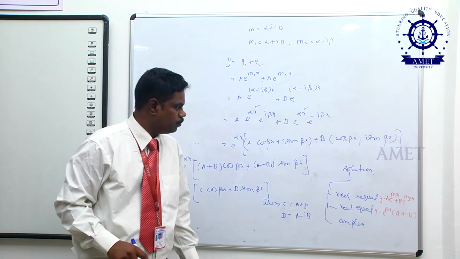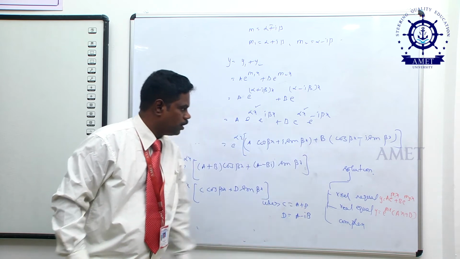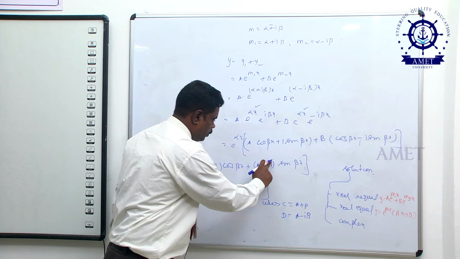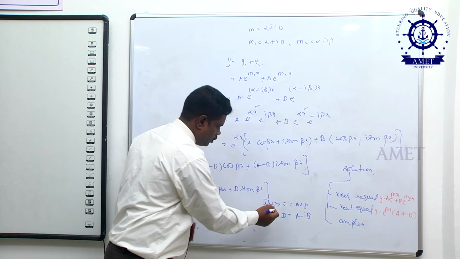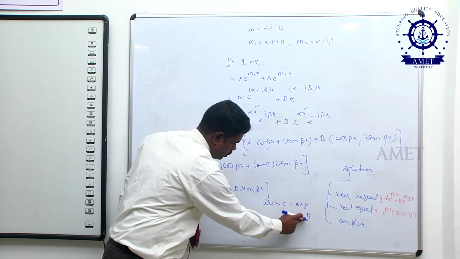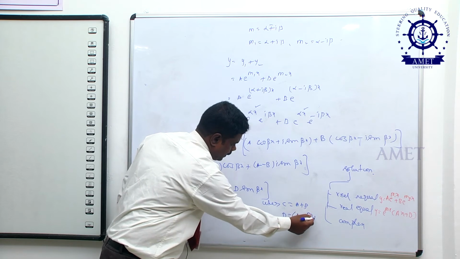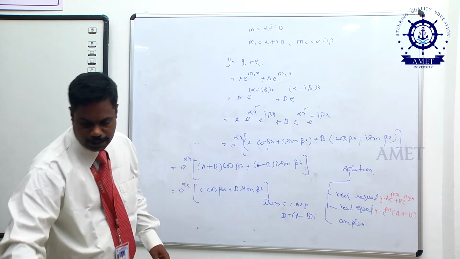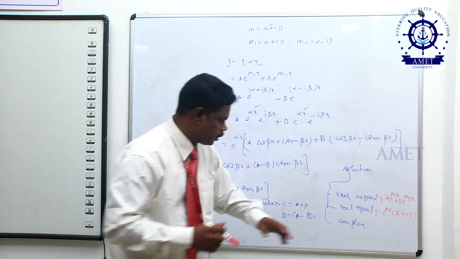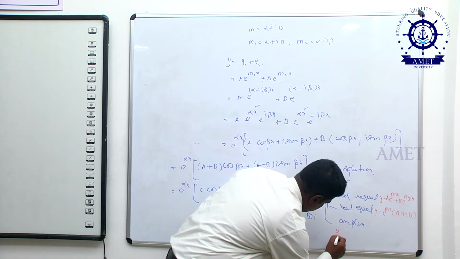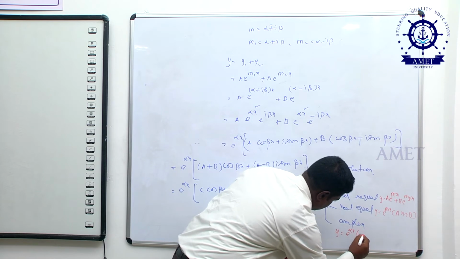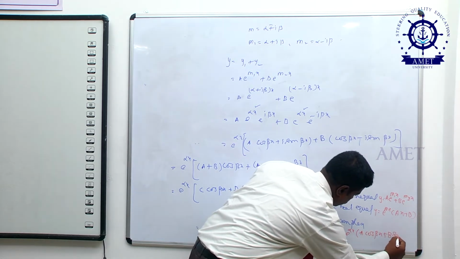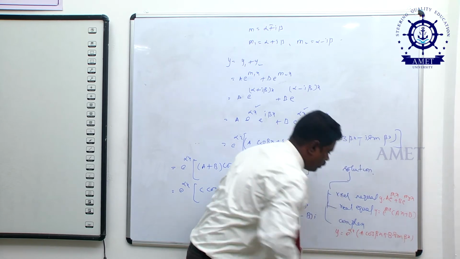Is it very clear? Yes, only we have taken sin beta x. So in general, you can write the complex solution as y equal to e power alpha x into a cos beta x plus b sin beta x.